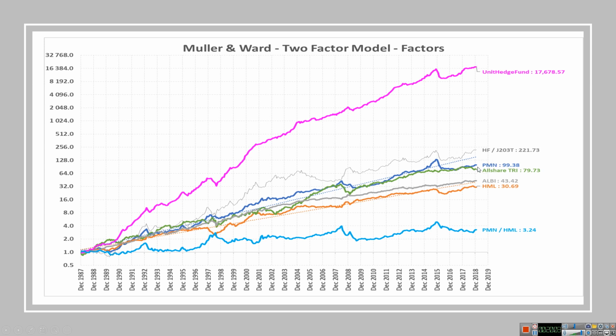And I'm also showing here the positive minus negative momentum factor that we're using, and the high minus low factor that we're using. You can see these factors work pretty well. They're pretty consistently upwards here, much better than the Fama-French stuff that we saw earlier. And so we think this is a pretty good result.